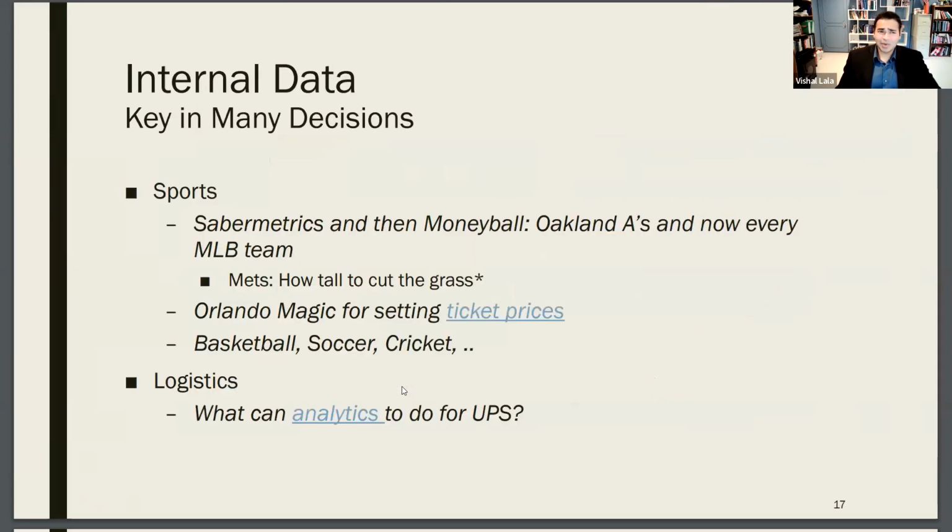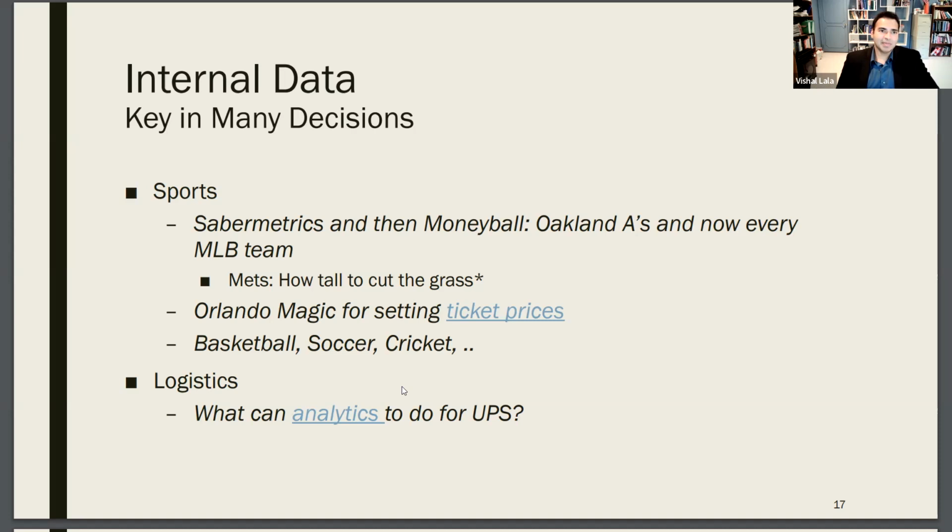So that's one example of internal secondary data. Other examples include things that many other stores might have access to. For example, think about sports stadiums. Think about, for instance, the Oakland A's and the famous story of Moneyball.